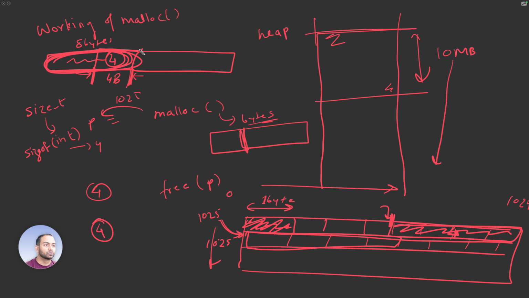4 bytes here are allocated now, and 4 bytes here are storing the size 4. Now I call free and say, hey, take this pointer. I'm essentially passing it 1025, this number.